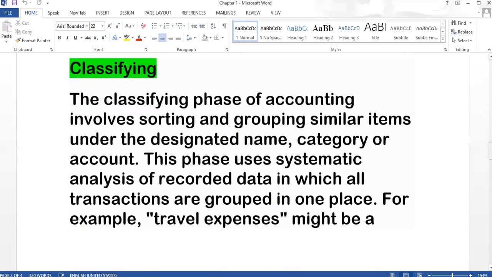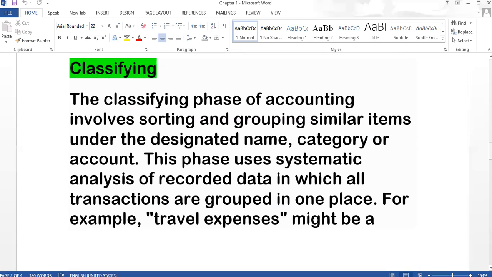The next one is classifying. The classifying phase of accounting involves sorting and grouping similar items under a designated name, category, or account. This phase uses systematic analysis of recorded data in which all transactions are grouped in one place.